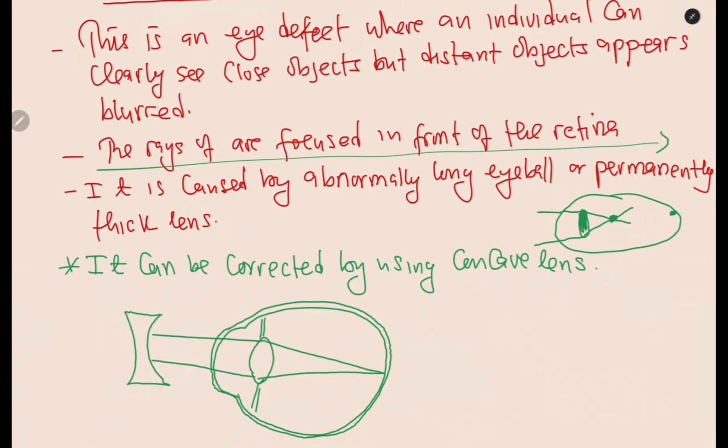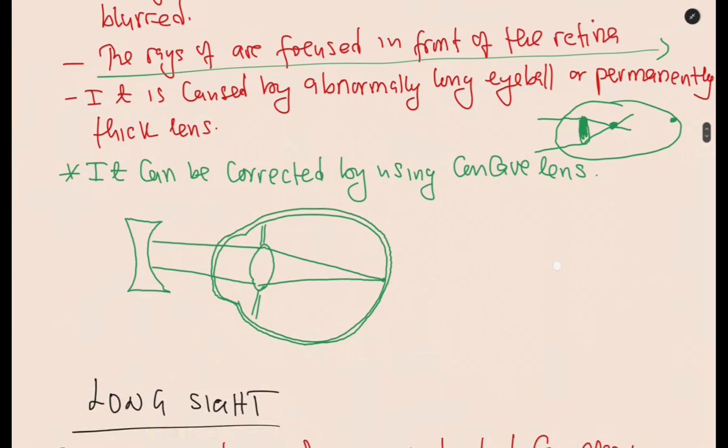So to reduce the refractive power of the lens, you put the diverging lens in front, which is the concave. You start by diverging the light, then now it is refracted on the retina. Okay, so it can be corrected by using a concave lens. If you know that, then we are good.